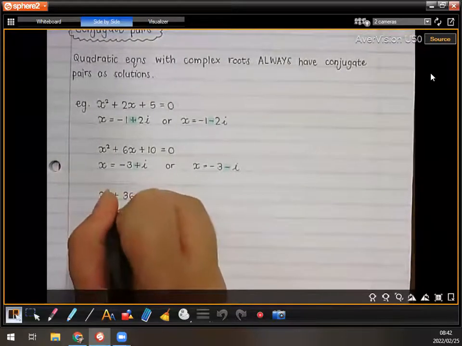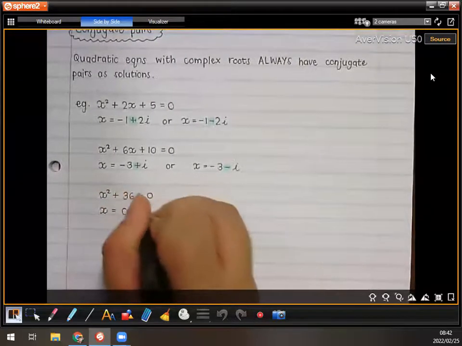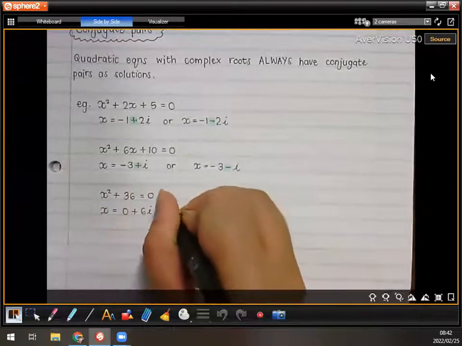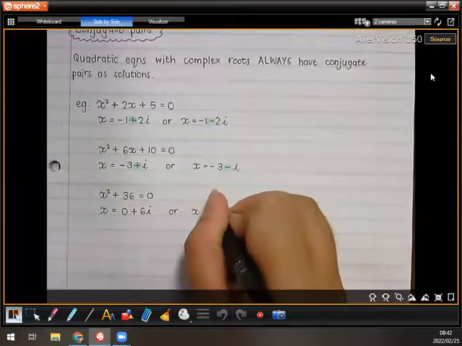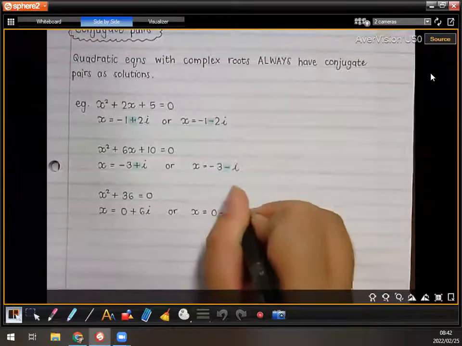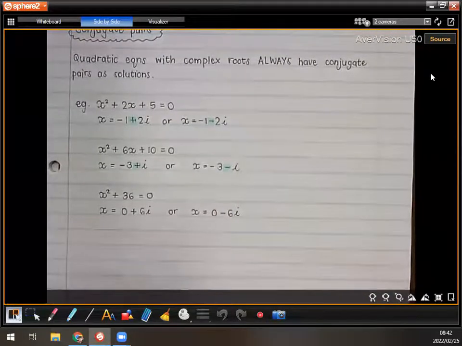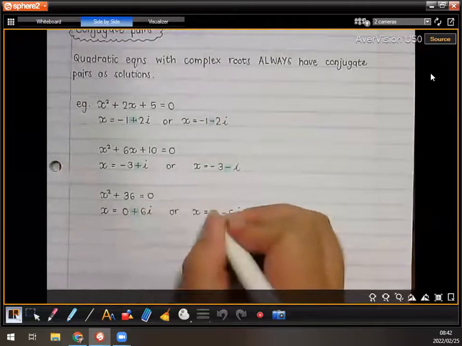I'm going to write it as x equals 0 plus 6i, or x equals 0 minus 6i. You agree that 0 plus 6i is the same as 6i? And 0 minus 6i is the same as -6i. I'm just writing it as two terms so that you can actually see that these two answers are also conjugate pairs.